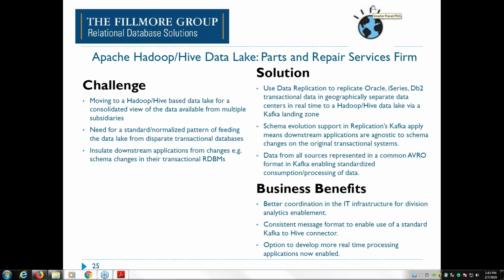One reason they chose Kafka as that intermediate landing zone was that they were bringing data in from a number of different sources: Oracle, DB2 on iSeries, and DB2 LUW environments. They wanted a consistent environment and a consistent notion of a schema. By doing this, they have the data fully represented, which made it easier to have a very consistent format of the data that they then forwarded on into their Hadoop environment.